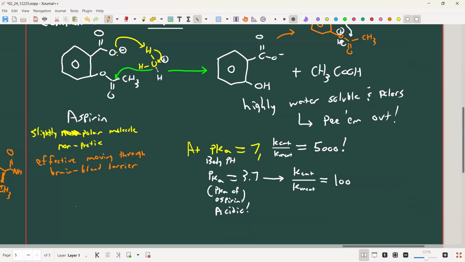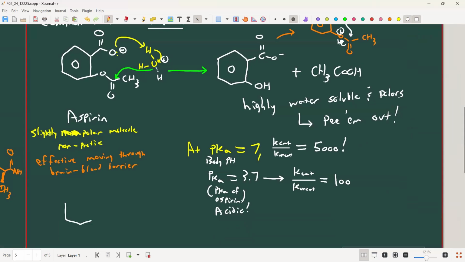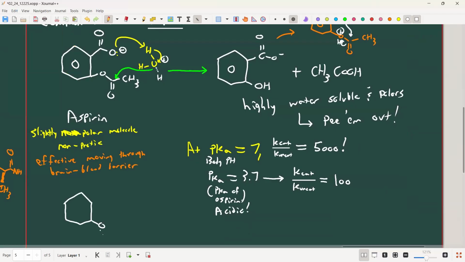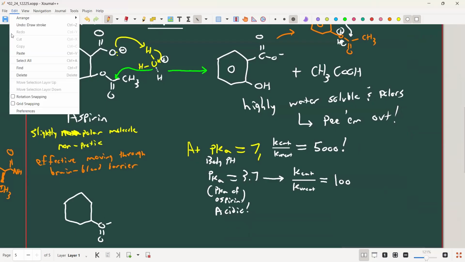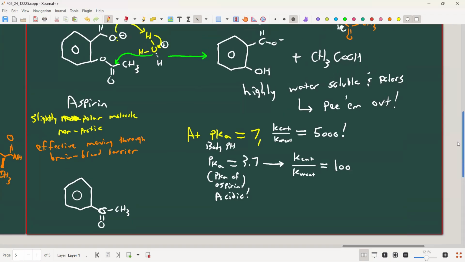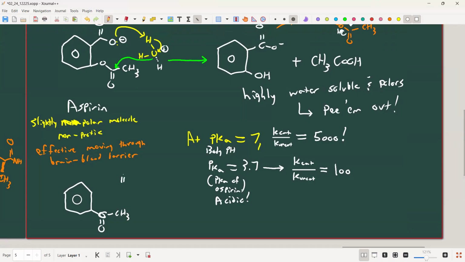If I do the same reaction now, but instead of having the carboxylic acid on the molecule, I bring it in as an external molecule, where we have some carboxylic acid floating around.